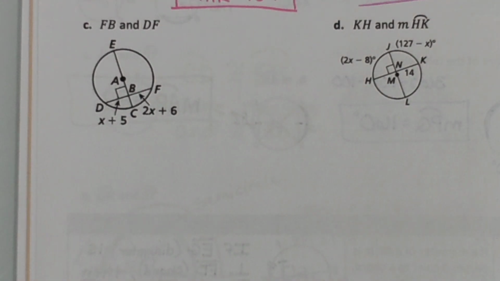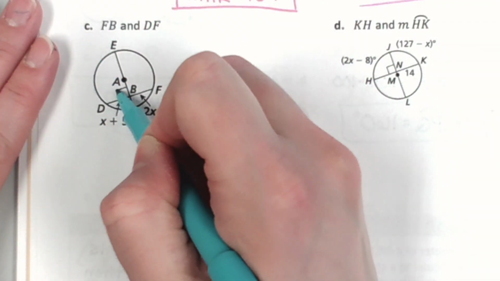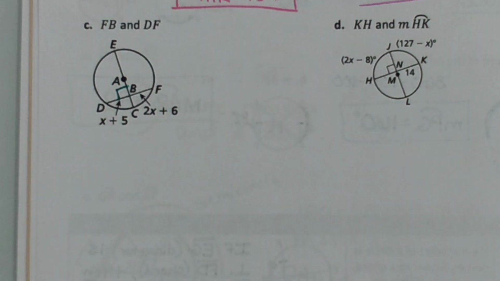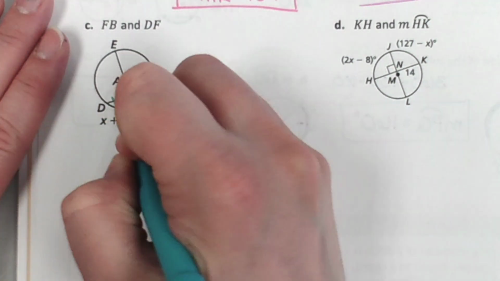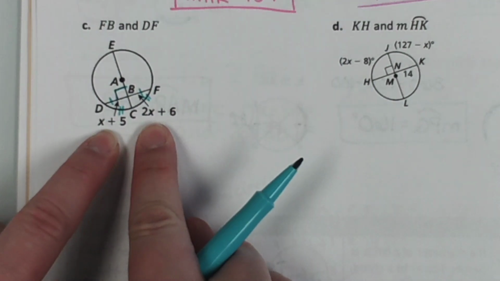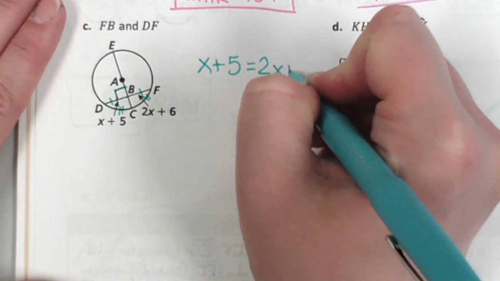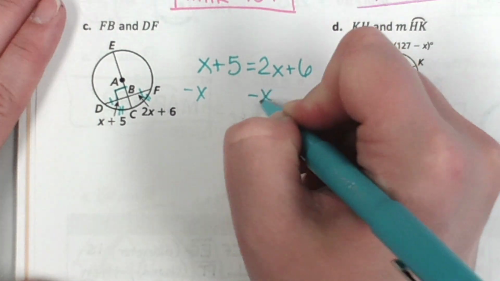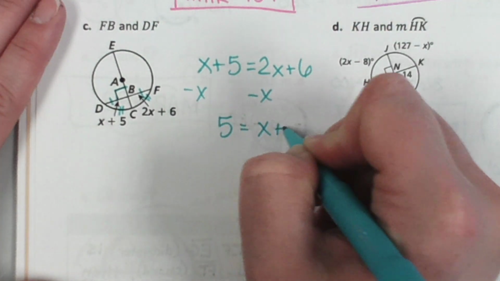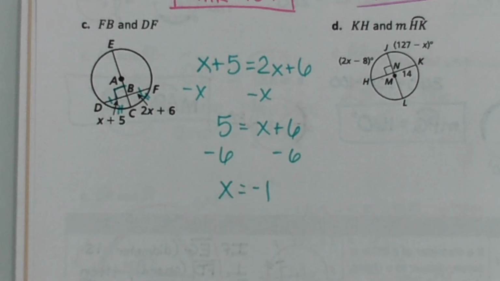Now I want to find FB and DF. Diameter, chord, perpendicular. Things are congruent. That's congruent to that. What's true about these? They equal each other. x plus 5 equals 2x plus 6. Subtract x. 5 equals x plus 6, minus 6. x equals negative 1.